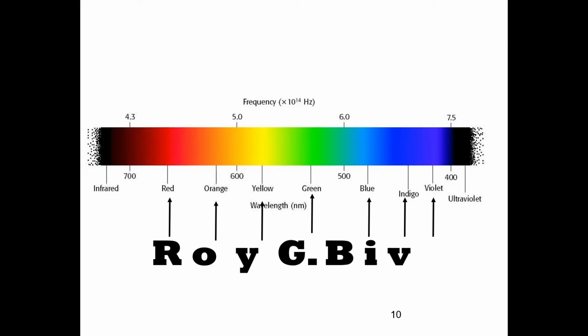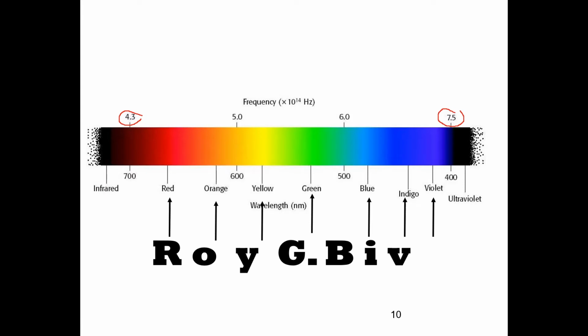The wavelength and the frequency of visible light can be broken down into colors. And probably in middle school, you learned about Roy G. Biv as a way to memorize what order the colors come in. Humans can see with the frequency of 4.3 times 10 to the 14 hertz up to 7.5 times 10 to the 14 hertz.